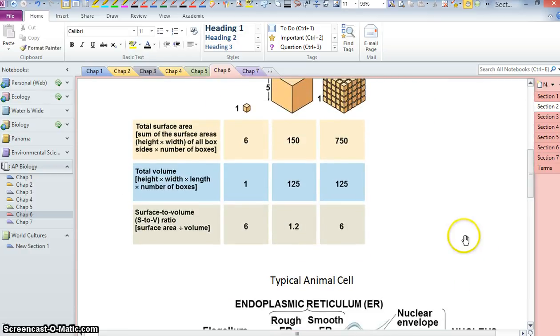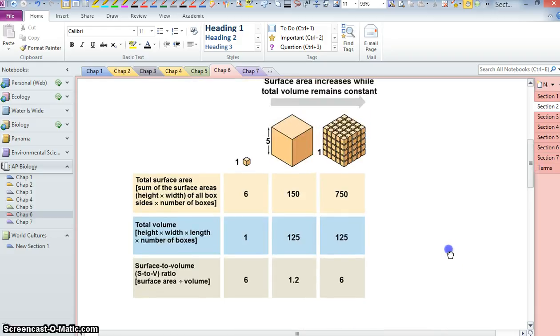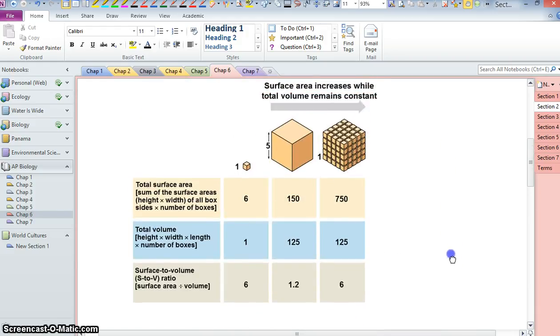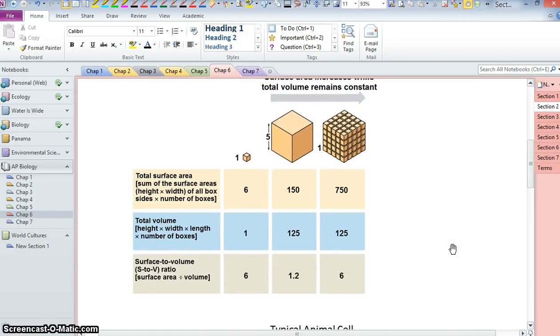All right, so we'll get to eukaryotes in a second, but just a brief discussion about surface area and surface to volume ratio.